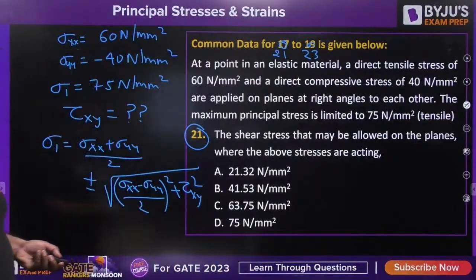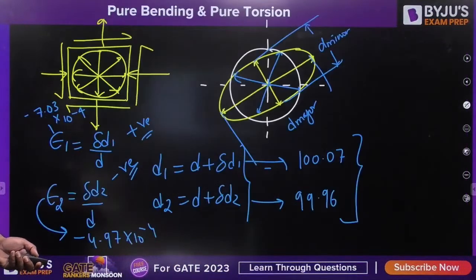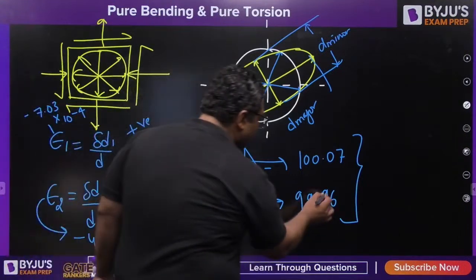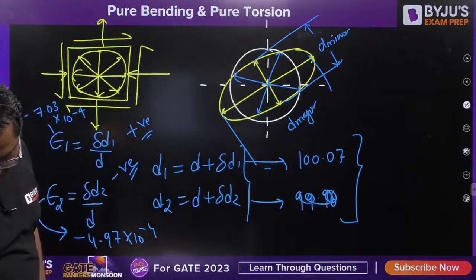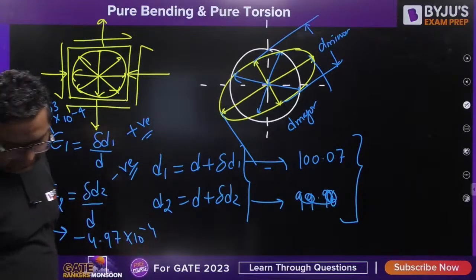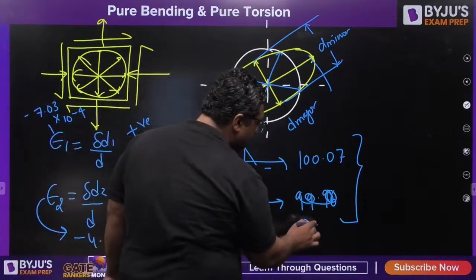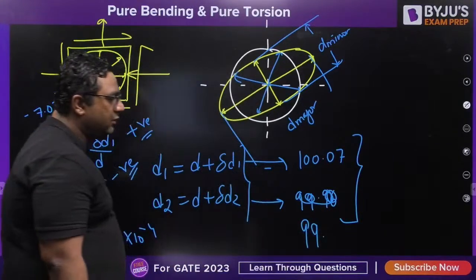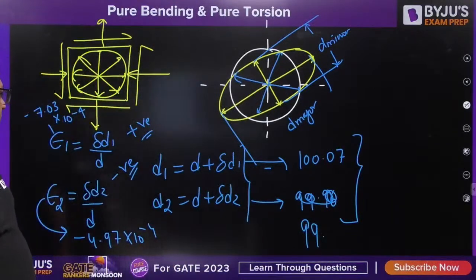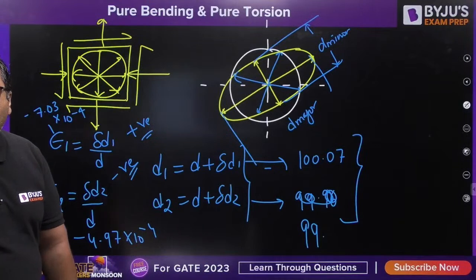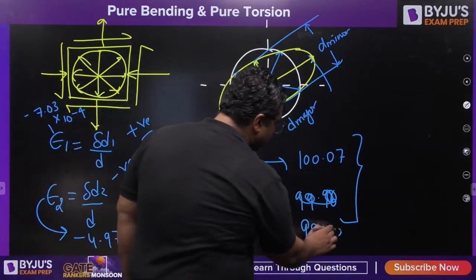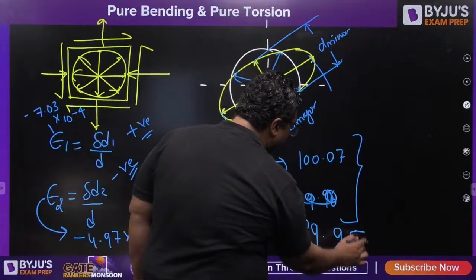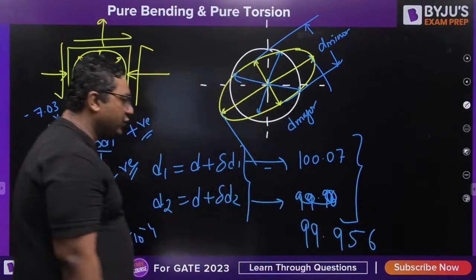Okay, Bhavya, let me check. You are saying this to be 100.07 and 99 point something. I feel the same will come, 99.95 or 99.96, like that.